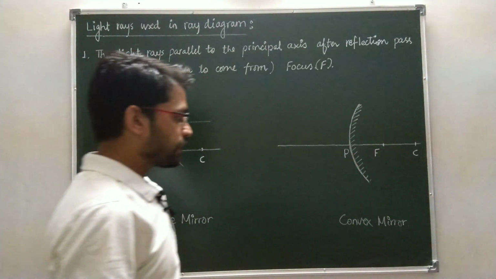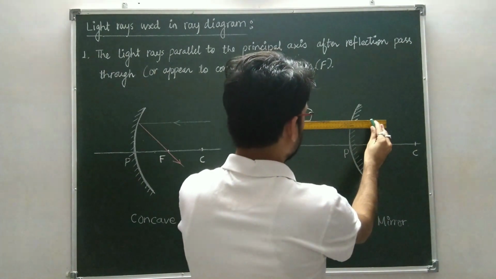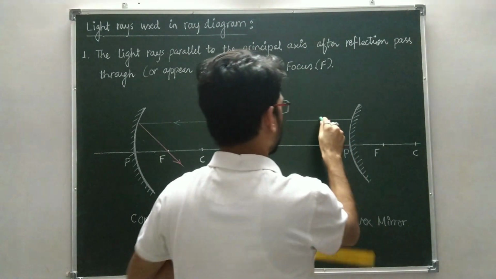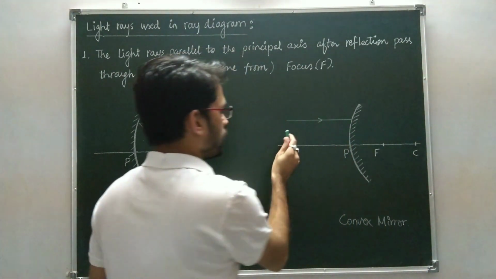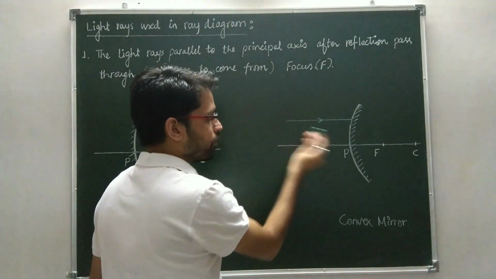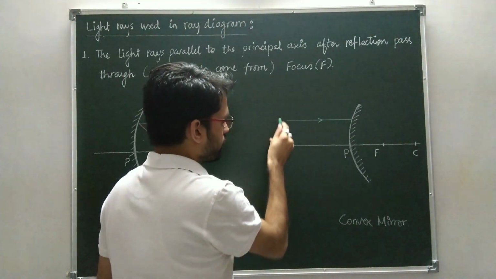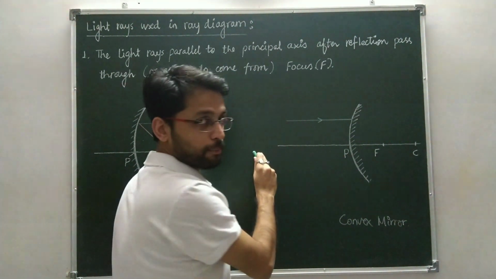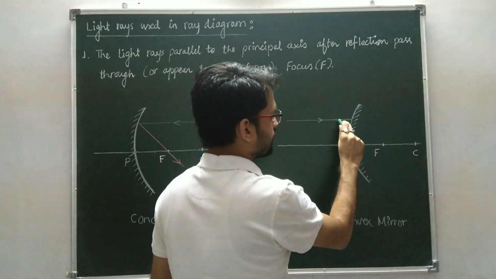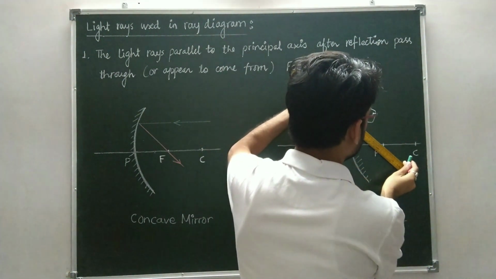Now in the case of a convex mirror, the light ray which is parallel to the principal axis, because in the case of a convex mirror the object will be in front of the reflecting surface, somewhere here, on this side, and the ray which is parallel to the principal axis after reflection appears to come from the focus.